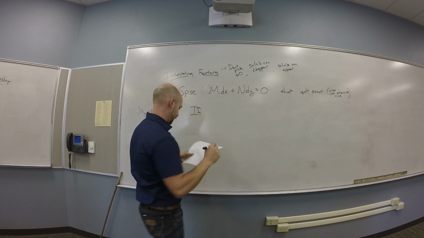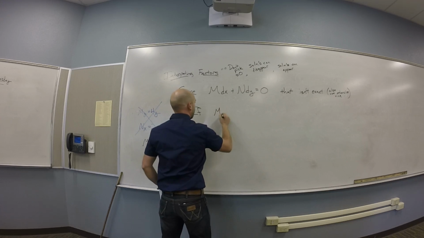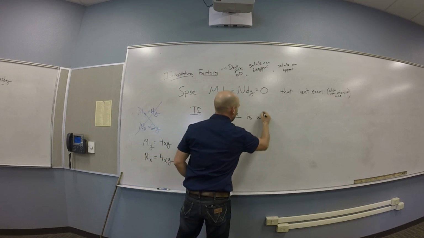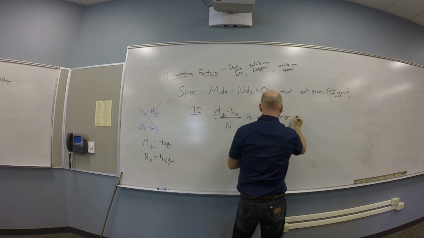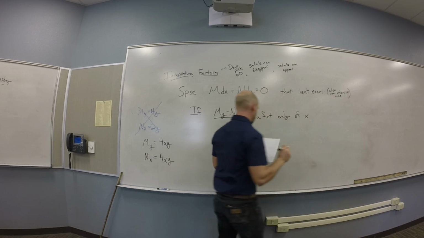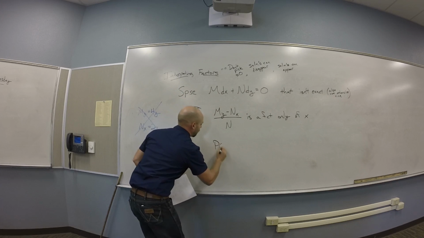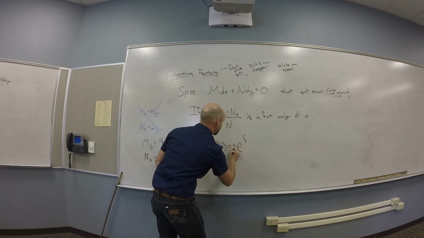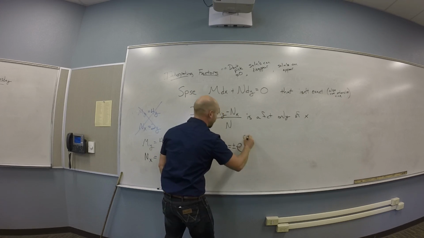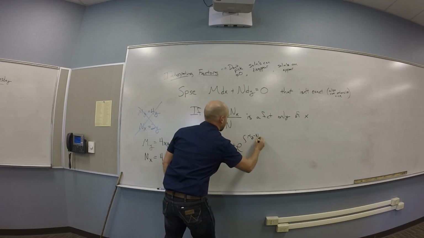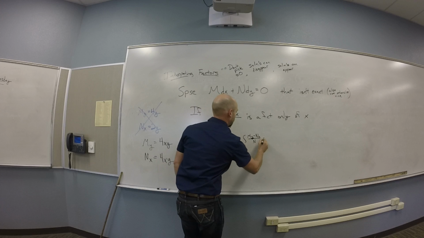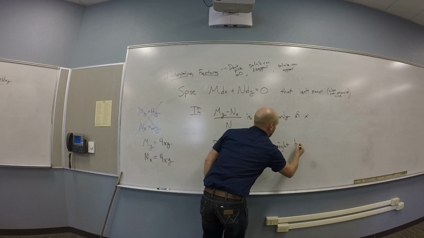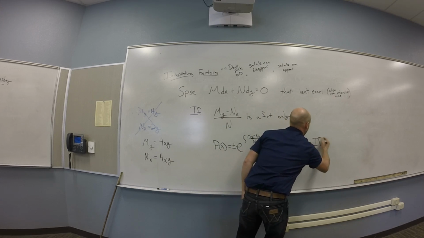So, if (M_y minus N_x) over N is a function only of x, then mu of x is e to the plus or minus the integral of that thing dx, and that might be an integrating factor.